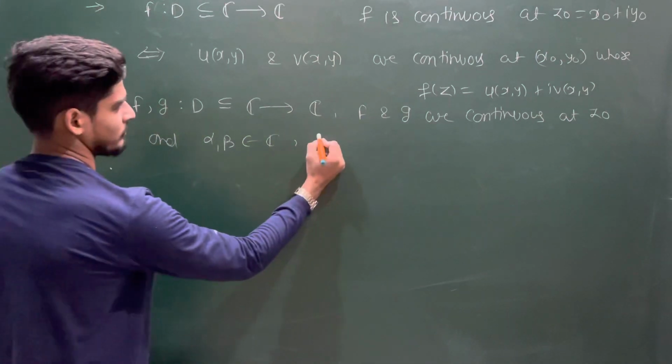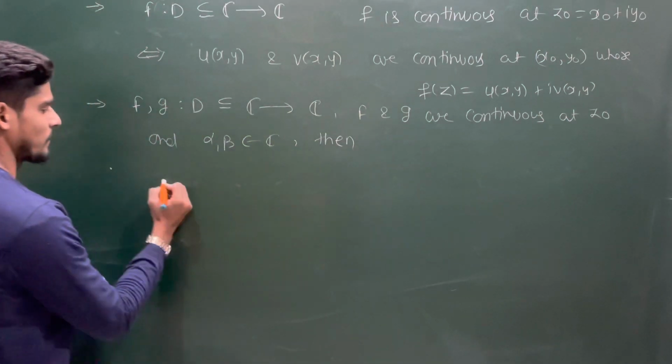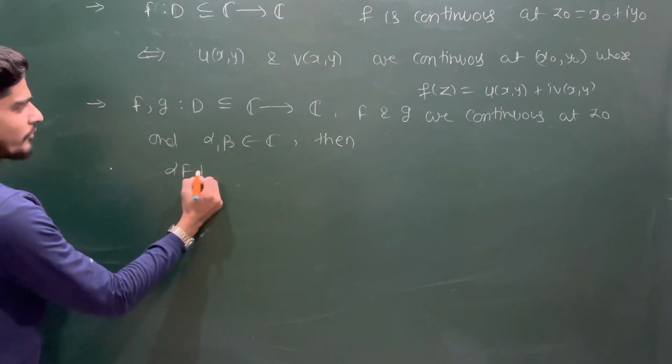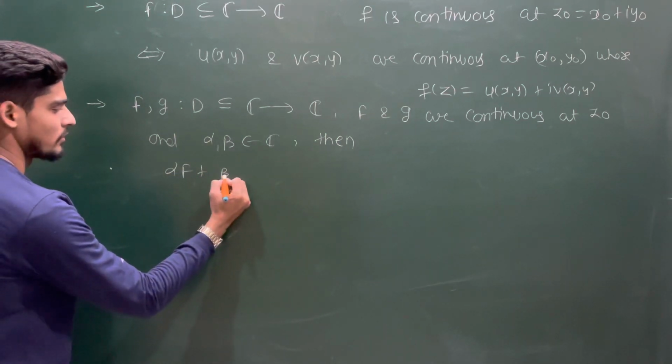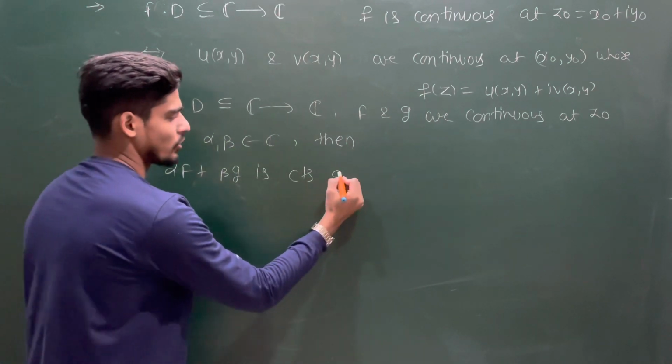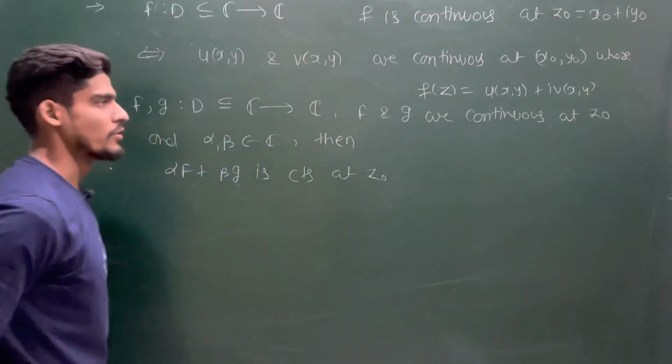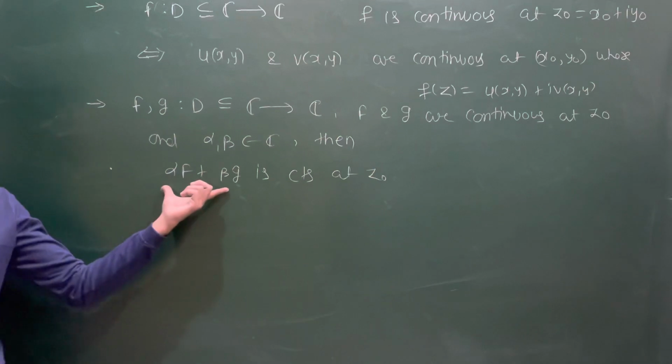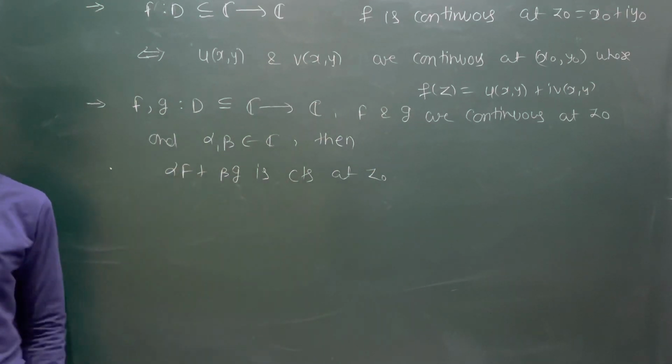Then alpha f plus beta g is continuous at z0. So if f and g are continuous, then every linear combination of these two functions is again continuous.